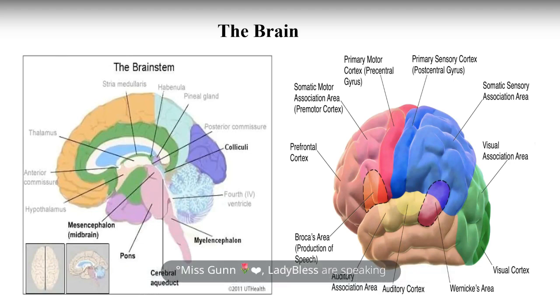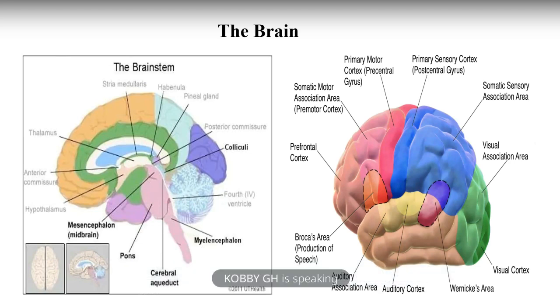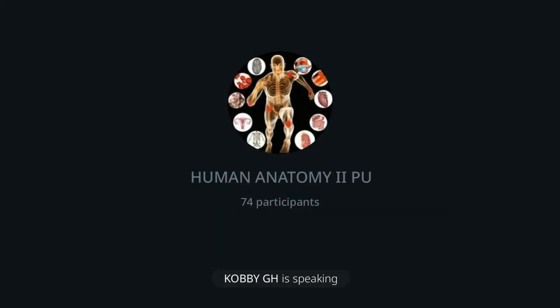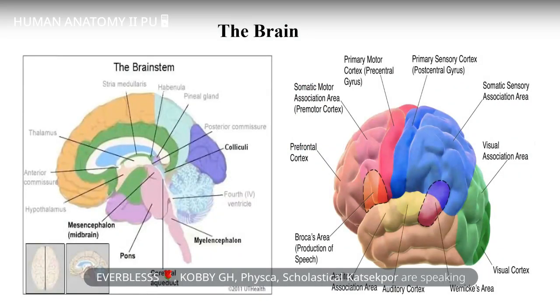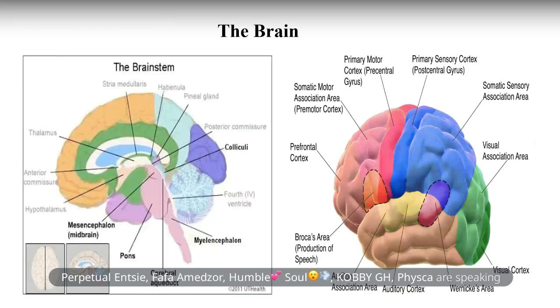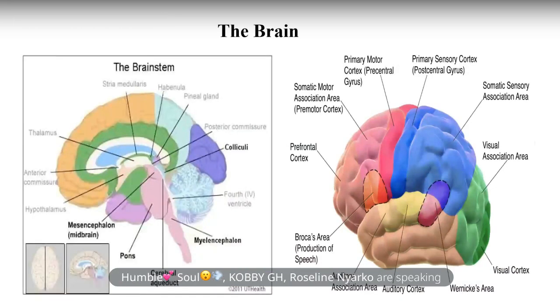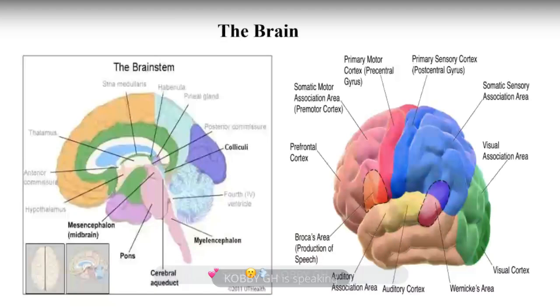That's the premotor cortex. And which part of the frontal lobe is responsible for judgment and planning? That's the prefrontal cortex. Is that okay? Prefrontal cortex.